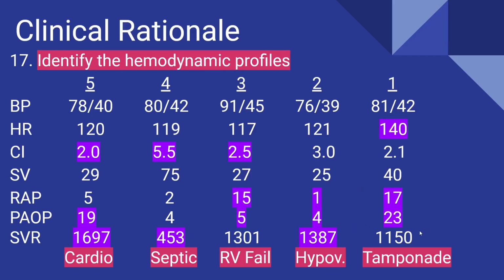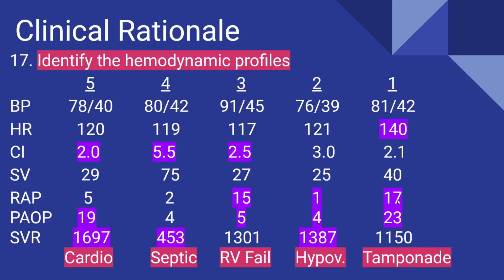And then finally, this one isn't necessarily a type of shock, but it's cardiac tamponade. And you can see that because you have high pressures on both the right and left side of the heart, right? In cardiac failure, you don't have that because the left side of the heart is bad. In right-sided heart failure, you don't have that because the left side of the heart may still be functioning properly.